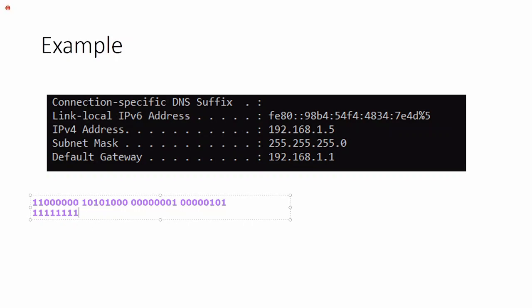The next one, again 255, eight ones. Again 255, eight ones. Then 0 means 0, 0, 0, 0, 0, 0, 0, 0.